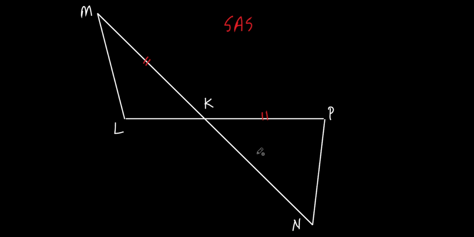First thing we're going to do, is there anything on this picture that I already know is equal to each other? Line segment M and N, that doesn't mean anything. A line segment's got to have 2 points. So line segment MN and LP, is that what you're saying? LMP? That means nothing.